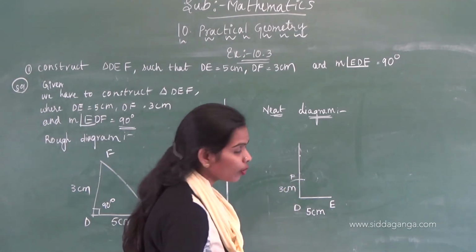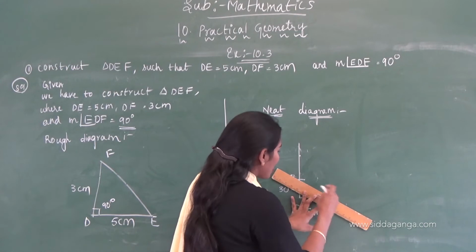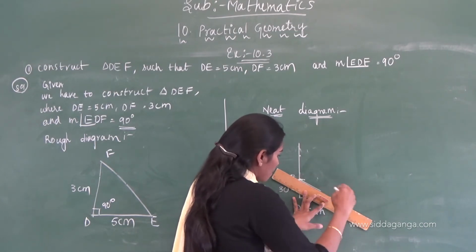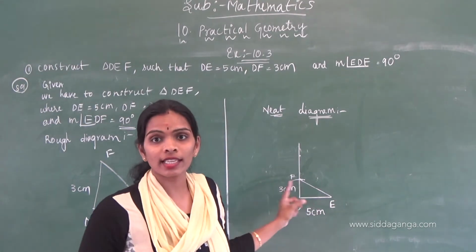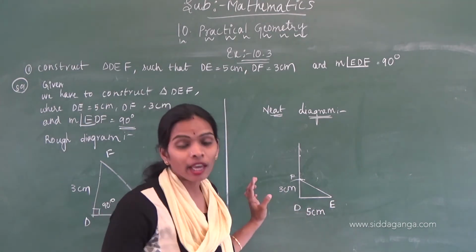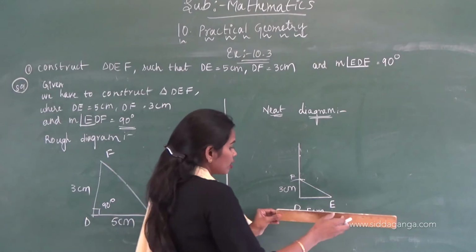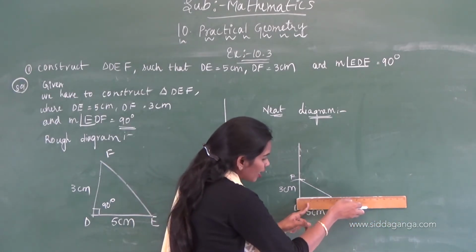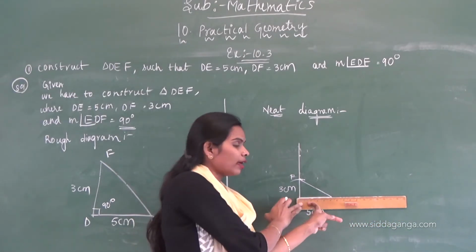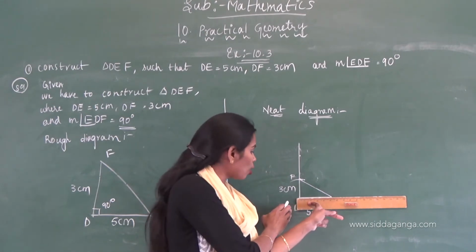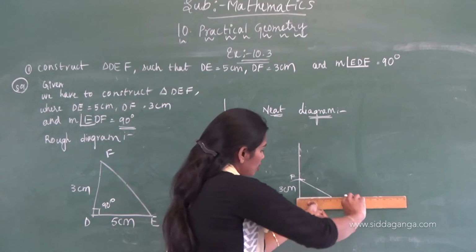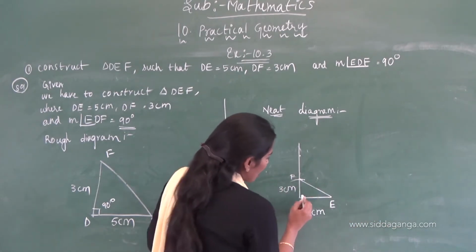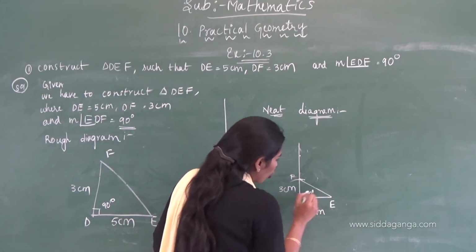And then what I am doing? Just I am joining FE. If you have any doubt, children, just you have to measure. See here, children, I have constructed a triangle with DE of length 5 centimeters, and this is 90 degrees, protractor already we measured.